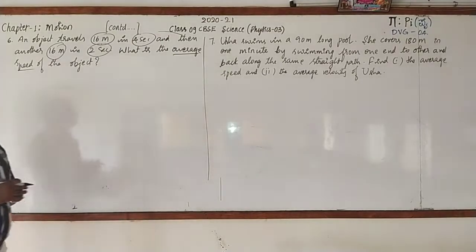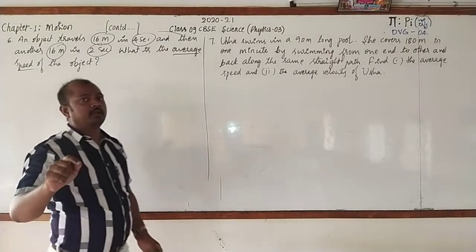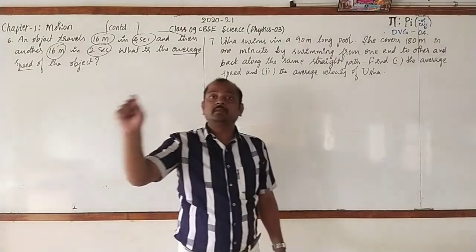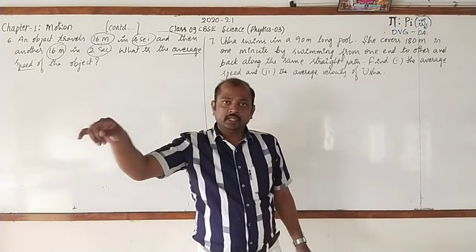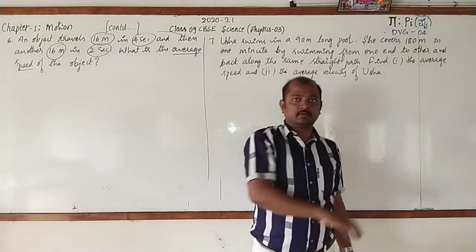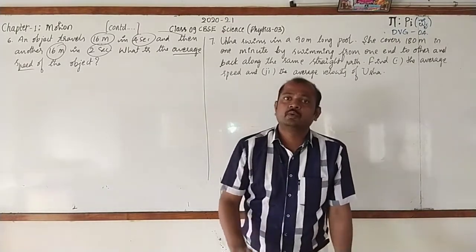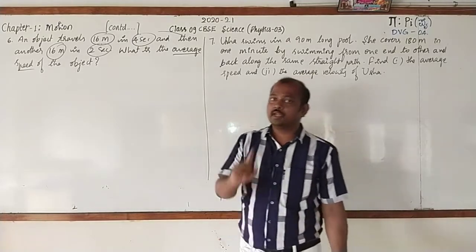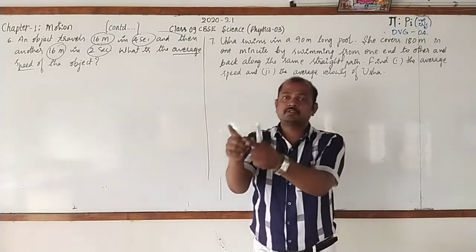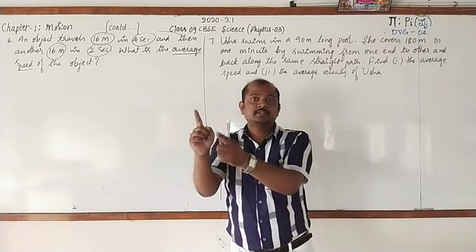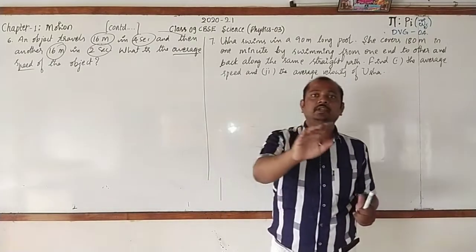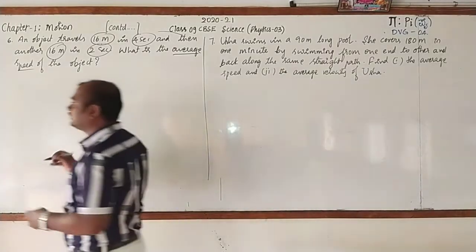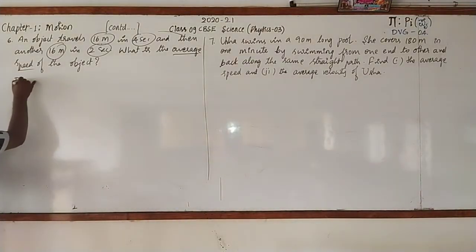Now, let us come to know how to find out the average speed. We have a formula. Average speed is equal to d1 plus d2 plus d3 and so on, divided by t1 plus t2 plus t3 and so on. But here, how many cases are there? Only 2 cases, right? First time, the body covers 16 meter in 4 seconds. Second one, again 16 meter in 2 seconds. Hence, I write the data in this way.